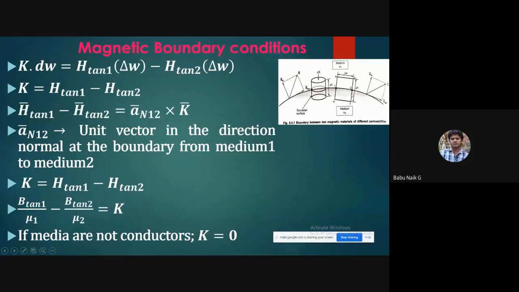Now again, if you see this complete closed path, half is in medium 2 and half is in medium 1.